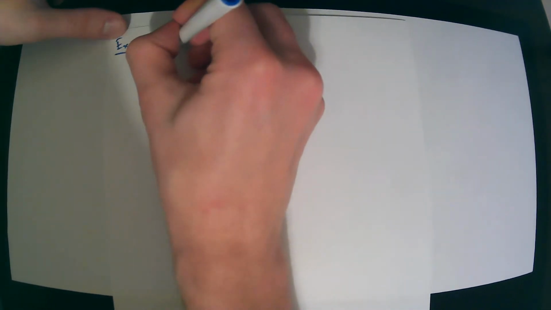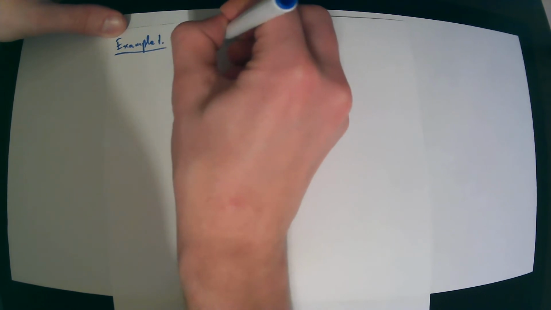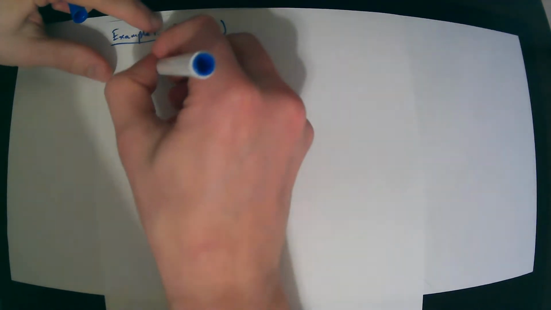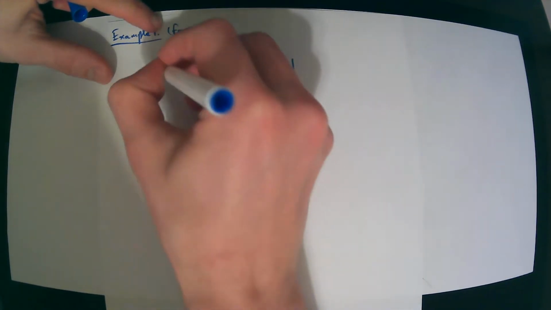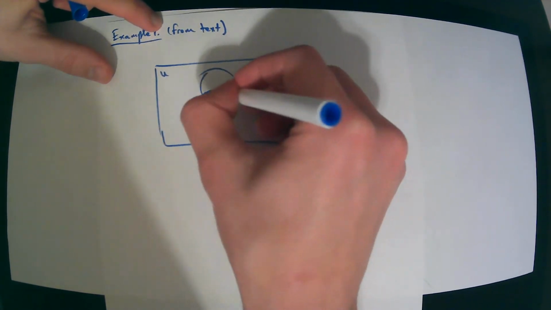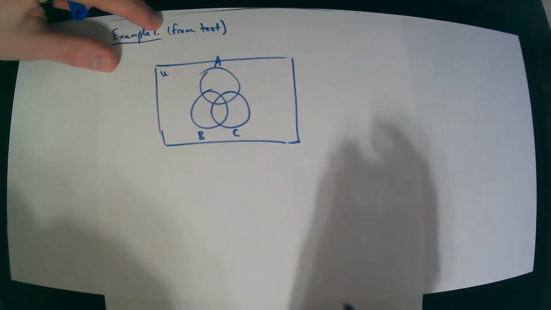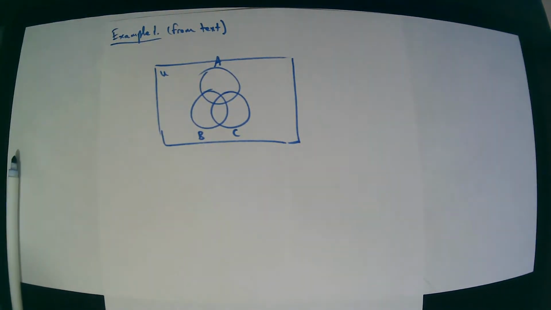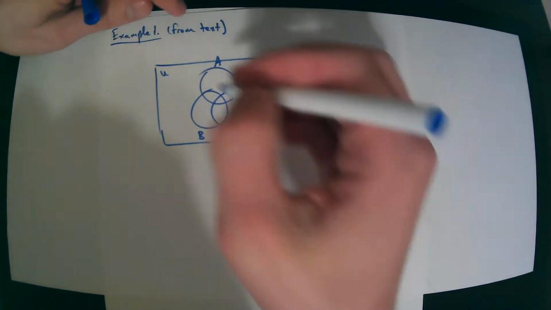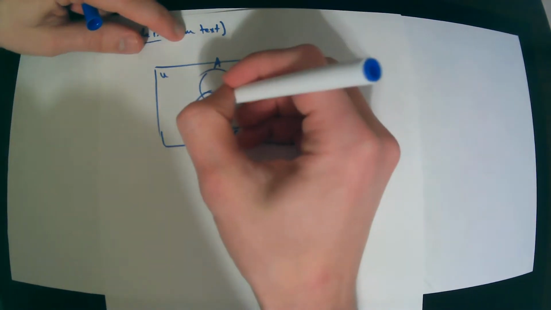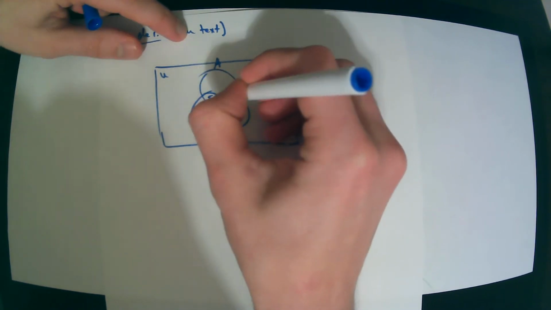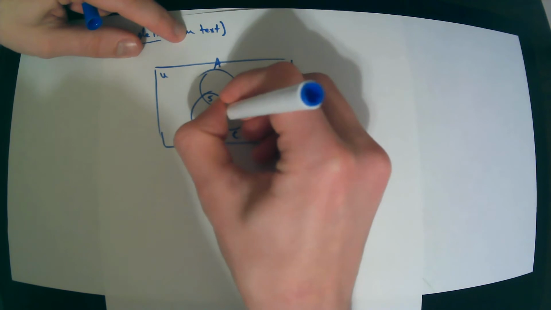So this is from the text. The given Venn diagram contains the number of elements that belong to the three sets A, B, and C. Okay, so we've got a universal set, and A, B, and C, just some arbitrary sets, not naming them or anything, and they've given us all the numbers already.